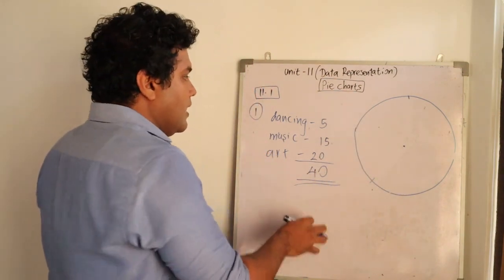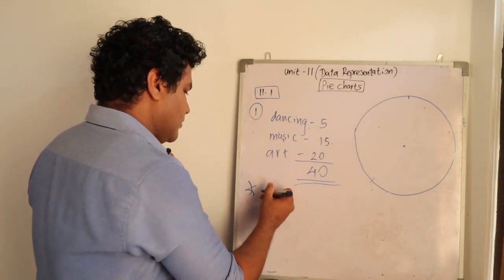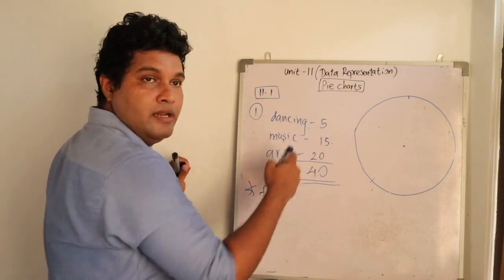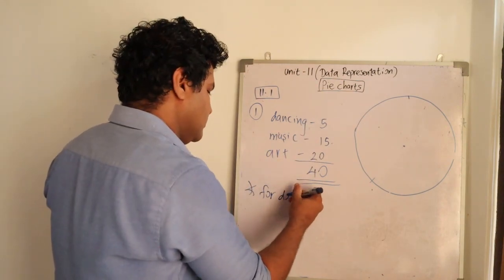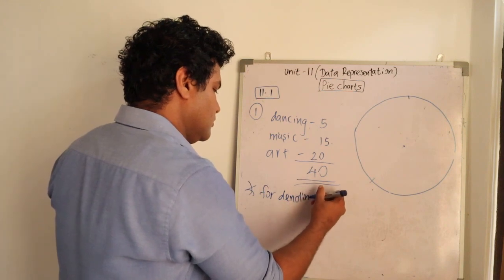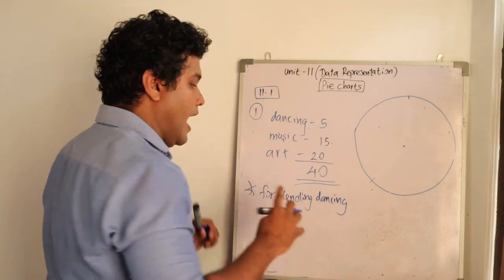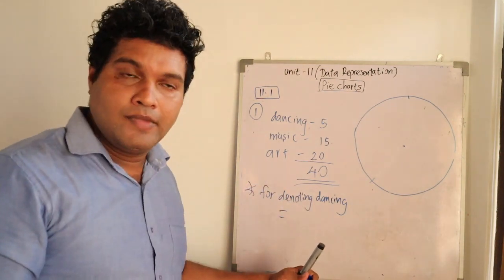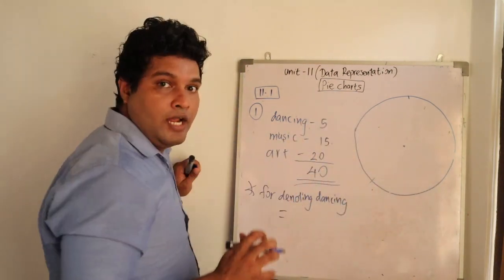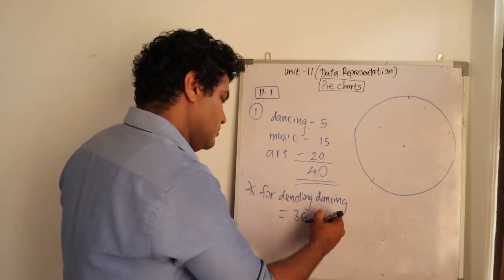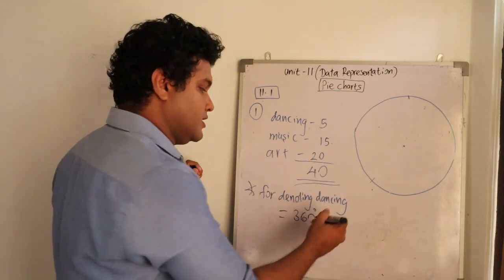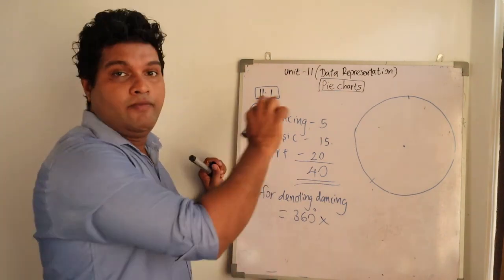The angle for denoting dancing. How to find it? You know the whole angle is 360. You just have to multiply 360 by the relevant fraction.